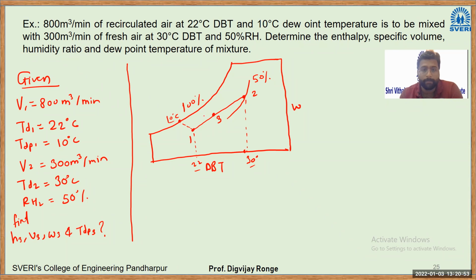Now here how to find out? We have this formula m1 upon m2 is equal to h3 minus h1 divided by h2 minus h3. I think this formula I have to check again here.